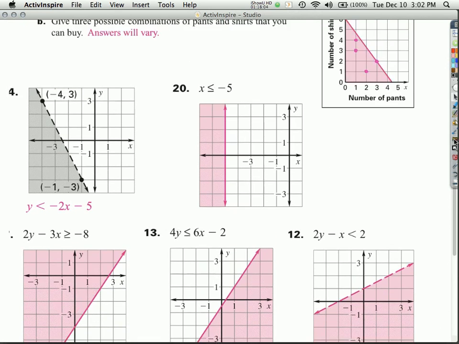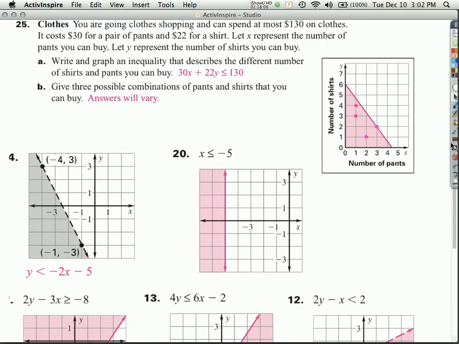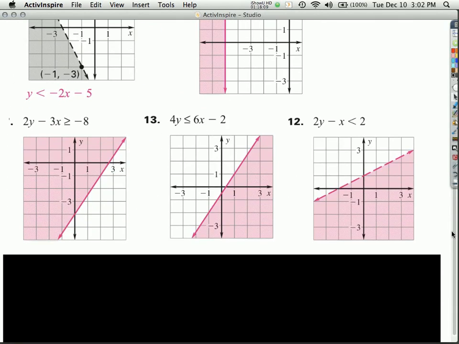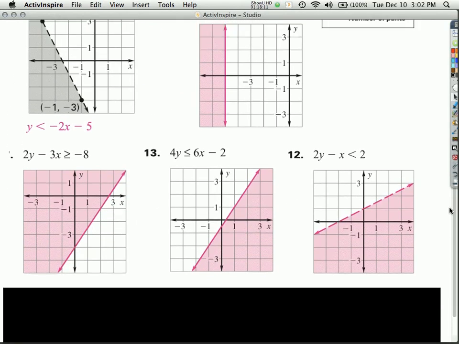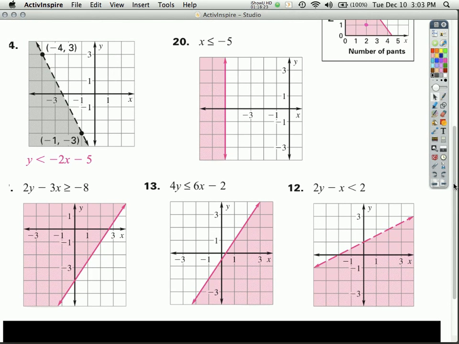Let's see, what did we have? 17, 13. So I'm sorry, so that got cut off. That's number 17, 13, 12. Was anyone able to get to 8 and 4? I didn't expect you to. Okay, good. Does anyone need number 25 back up?